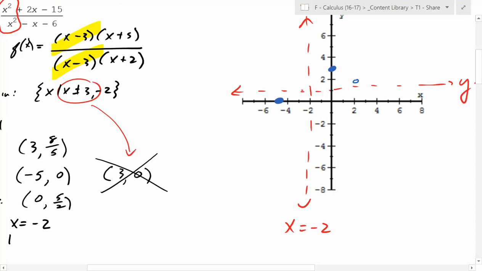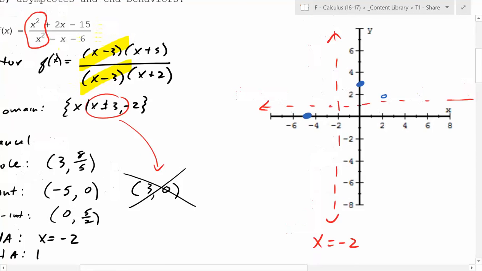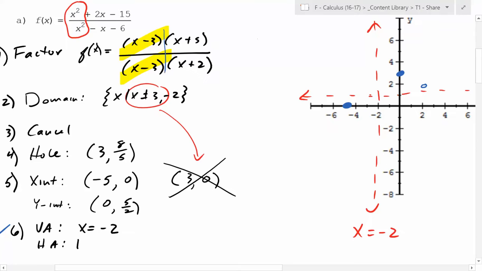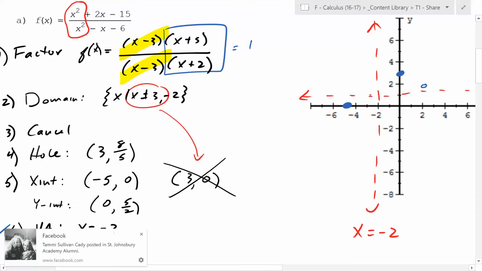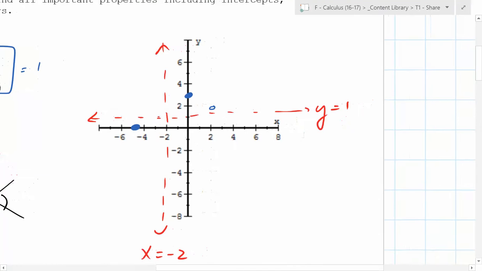What's one other thing we could check just if we wanted to? Whether it crosses the horizontal asymptote, and we can check that this thing would have to equal what? 1. Does it equal 1 ever? It really doesn't. 5 never equals 2, right? You can't do anything to the top and bottom to make 5 equal 2. Does that make sense? So it doesn't cross. So do we have a pretty good idea of what this looks like? Yeah.